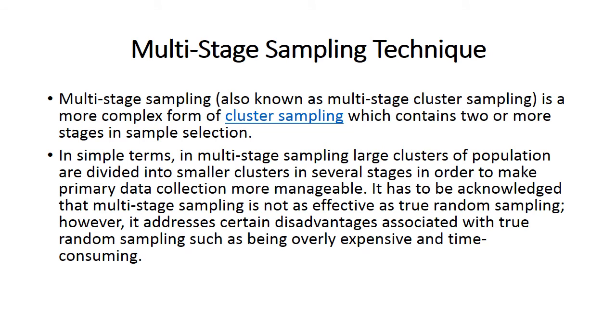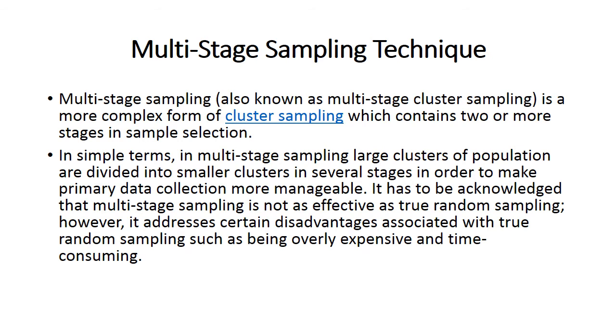For example, the researcher wants to select 200 urban households from the entire country. I repeat, a researcher wants to select 200 urban households from the entire country and wants to use multi-stage sampling. For this purpose, he may first select 27 states from the country as primary sampling units.